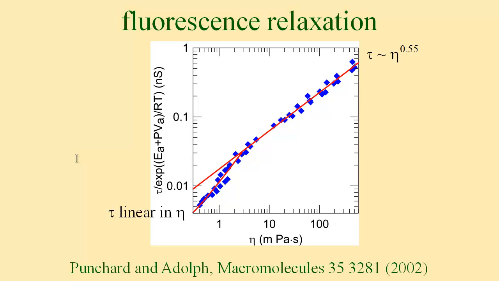You notice there's a clean transition between the linear behavior, which has a small eta goes to zero intercept, so the line is slightly curved, and the higher viscosity power law eta to the 0.55 behavior. That transition is quite uniformly seen. Now, this is described as a generalized Kramers relation because it's not eta to the first.